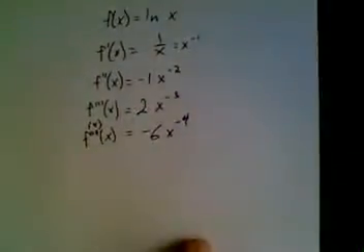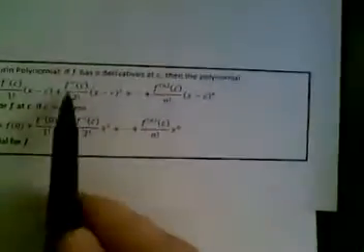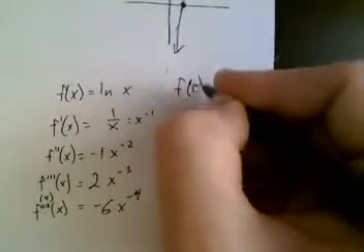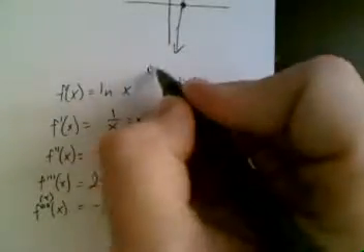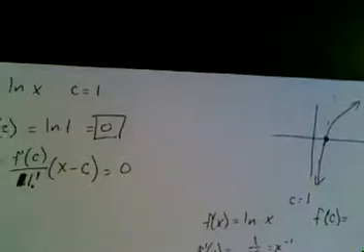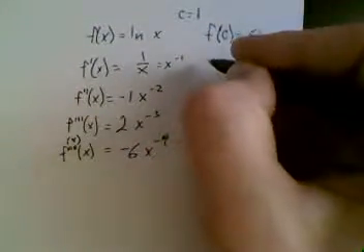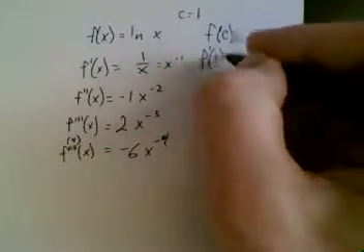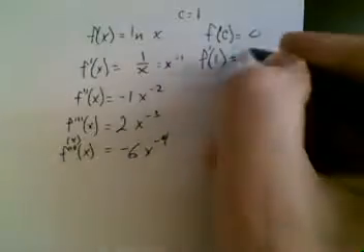Now, I don't want the x's in there. What do I want? In my formula, I want the derivative at the value c. So, what I really want here is, what is f of c? Well, f of c, c being the value of 1, natural log of 1 is 0, and let me just start plugging this in. The first derivative at 1 is 1 over 1, which is 1.